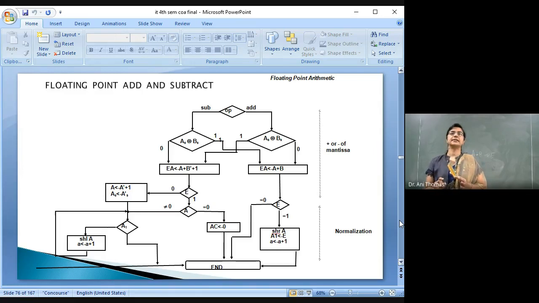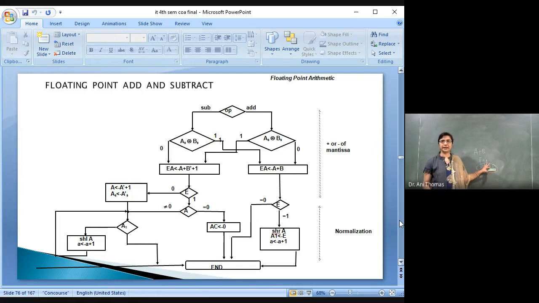Now, once we have got the result, either in the case of addition or subtraction, we have to normalize the result. In the case of addition, if E is equal to 1, we have to shift right A, because this E has to be brought into the result.